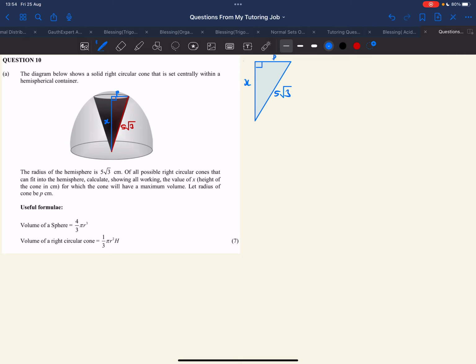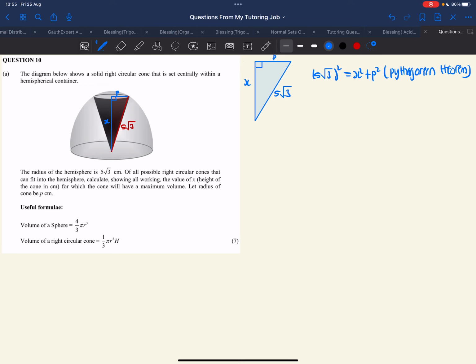Now remember, what we're going to try to do is make p in terms of x. Now to do that, we're going to say that 5 square root 3 squared equals x squared plus p squared, which is actually called the Pythagorean theorem.